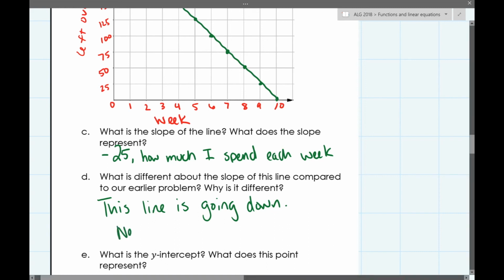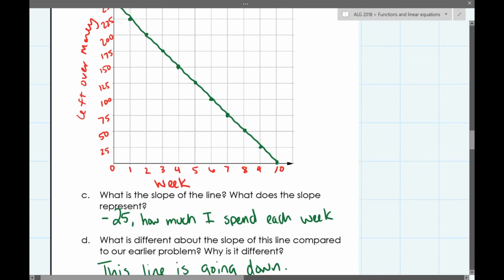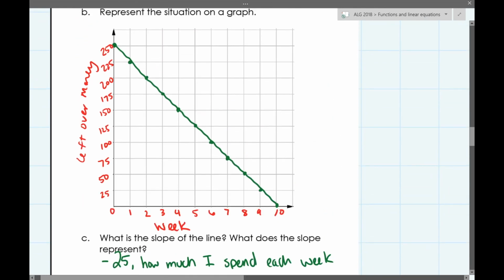So negative slope. Now what is the y-intercept and what does this point represent? Where on this green graph does my line hit the y-axis? If I look again, y is this line. So where does it hit? It hits at 250.